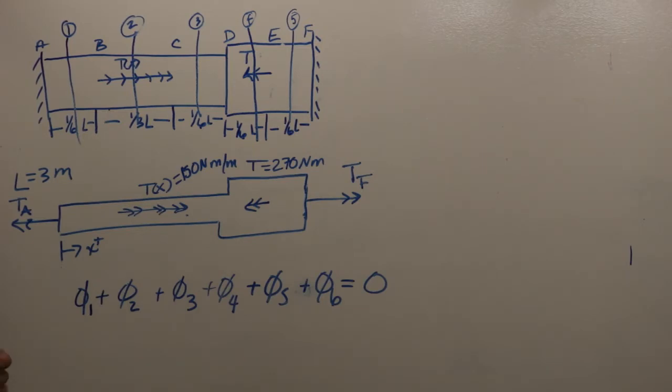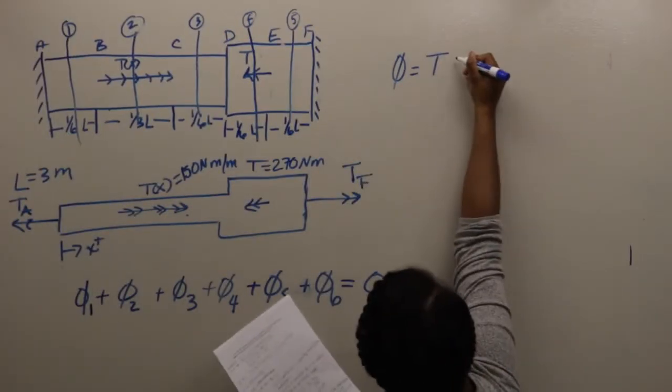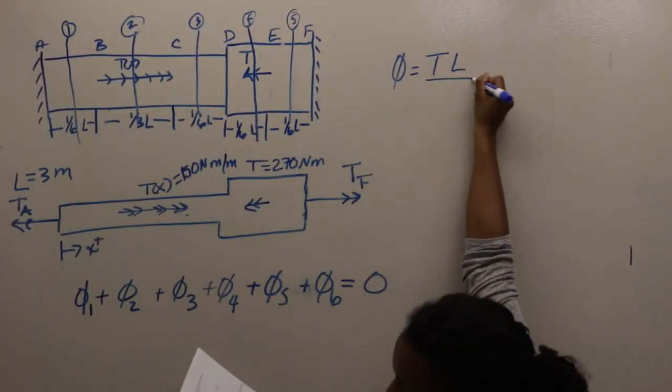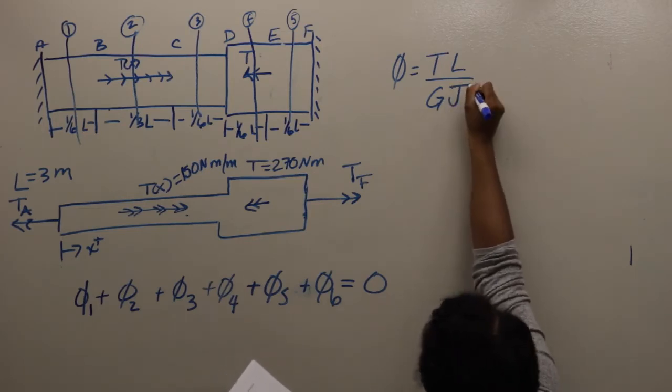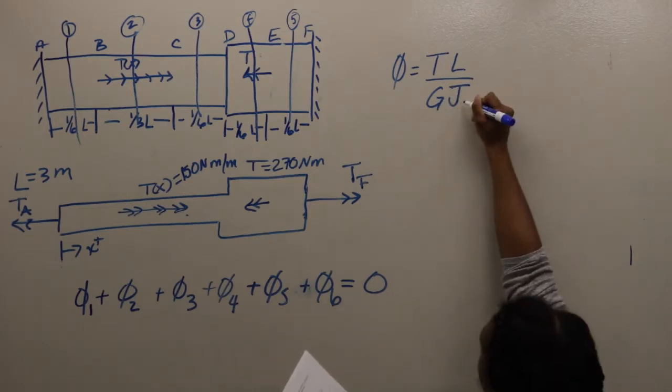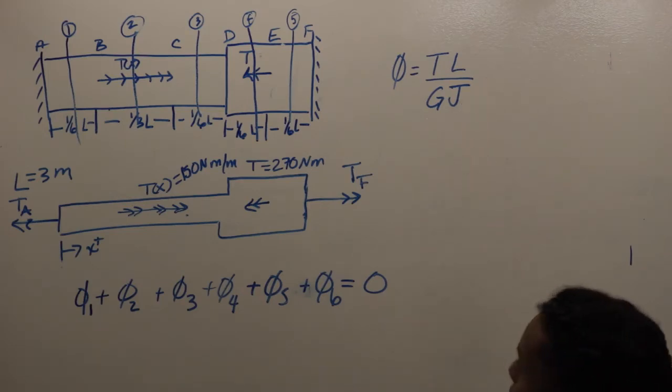To jot down these angle of twists, an angle of twist equals the torque times the length of that section, divided by the shear modulus times the polar moment of inertia of that section.